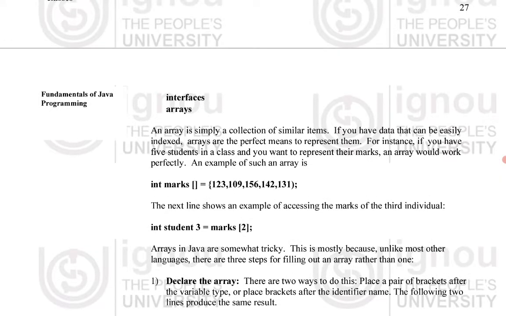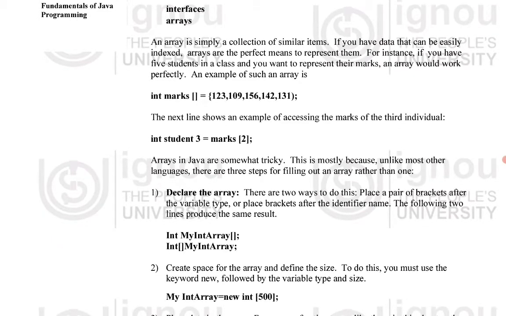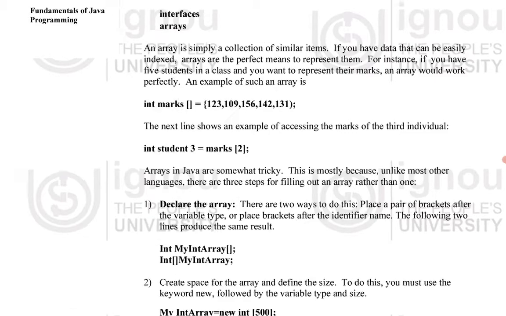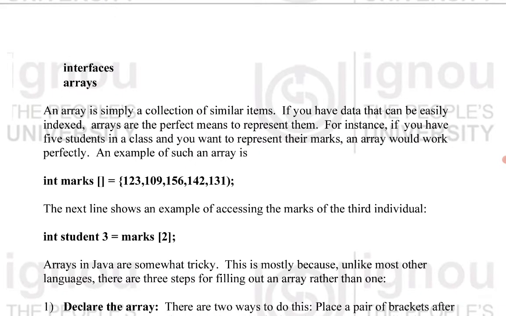What is the definition of an array? An array is simply a collection of similar items. If you have data that can be easily indexed, arrays are the perfect means to represent them.